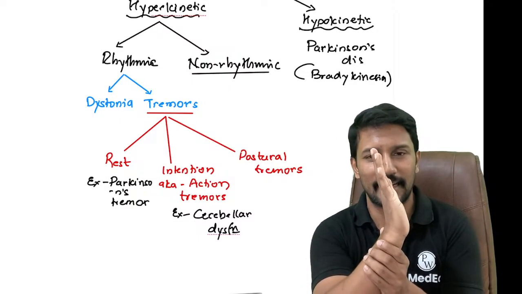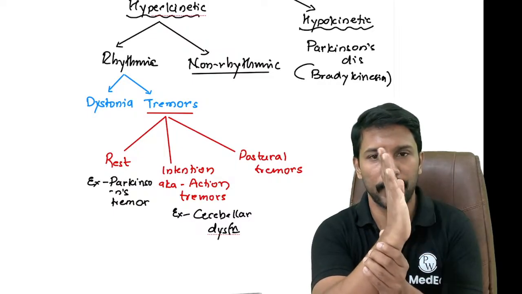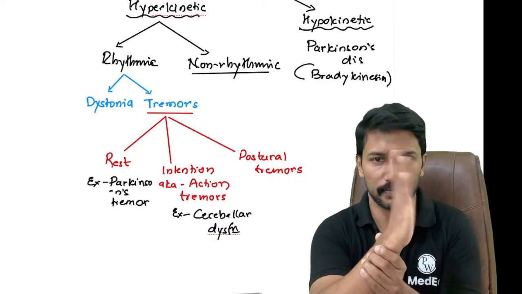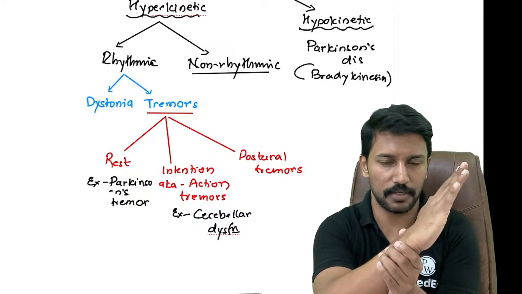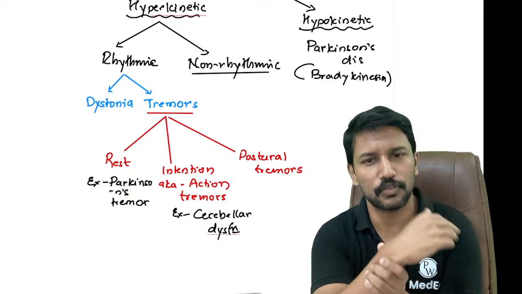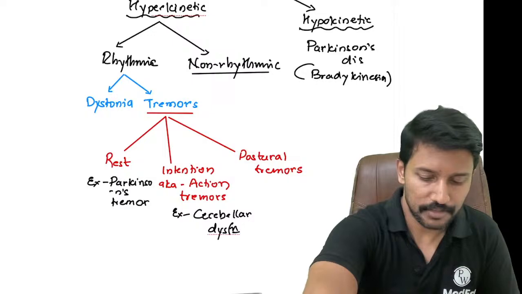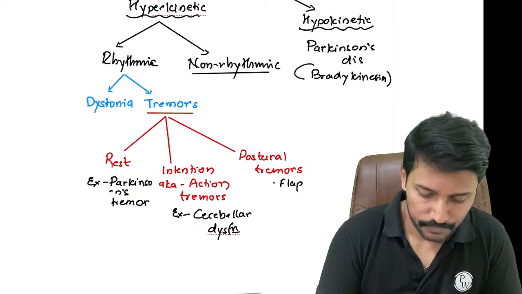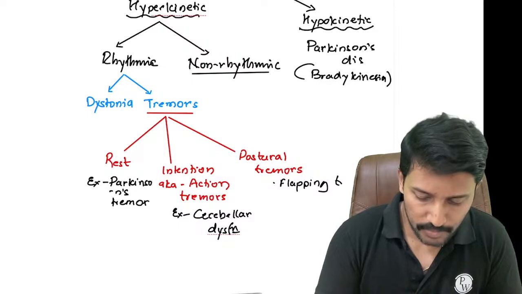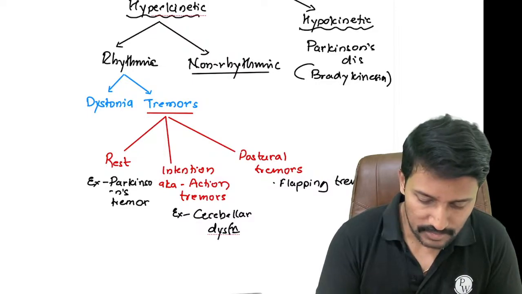And then they had indicated that this hand is moving in a fixed pattern. They had given 3 images, right? Hand position here, here and here. And then I think they had asked in which condition it is seen. So that tremor is what we call asterixis or flapping tremor.